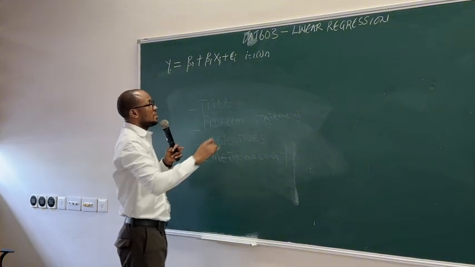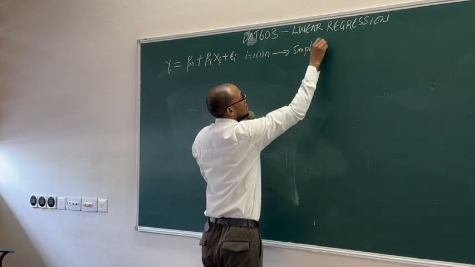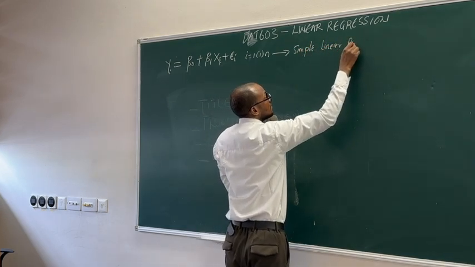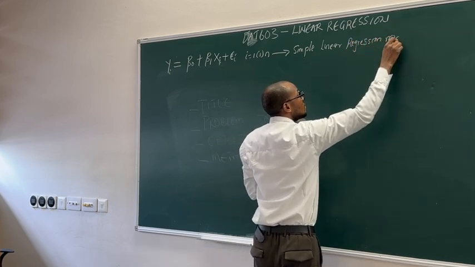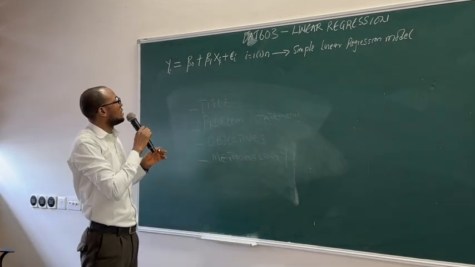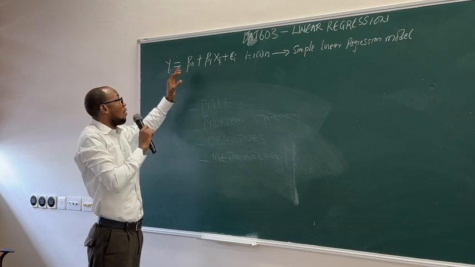Now, this is a simple linear regression model. It is a simple linear regression model because it has just one explanatory variable explaining all the variations in y.